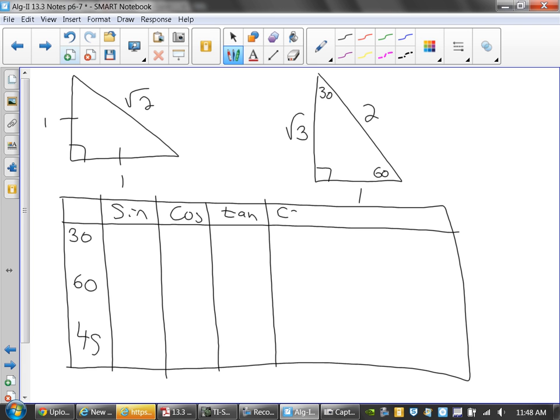Start forgetting your calculator in your locker. What I want you to do is make a trig table for the special right triangles. Take a couple of minutes and fill that in by drawing out your special right triangle, filling it in and rationalizing it. And I want you to try to do that without using your calculator.